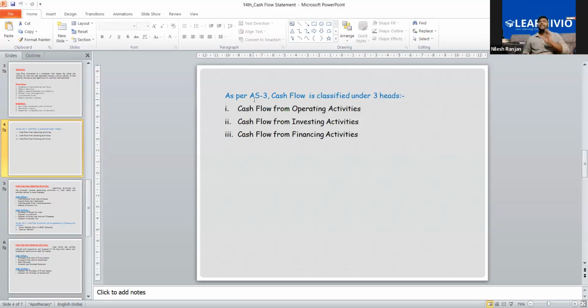Operating activities means any income or expenses or any activities which are related to your main operation. Like if you have a business of electronic goods, then if you are selling electronic goods, that is your operating activities.